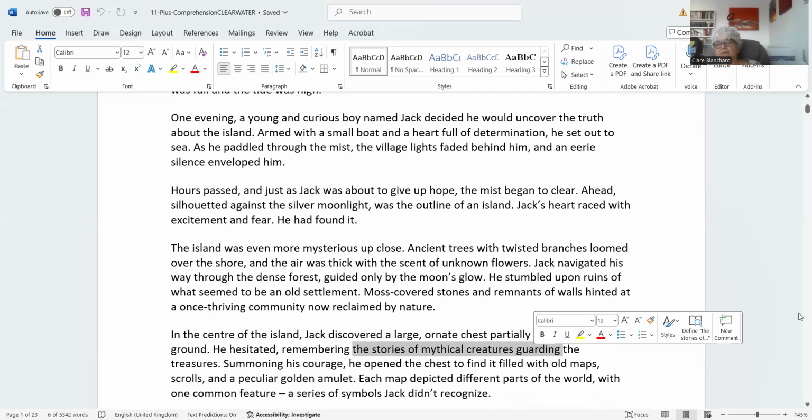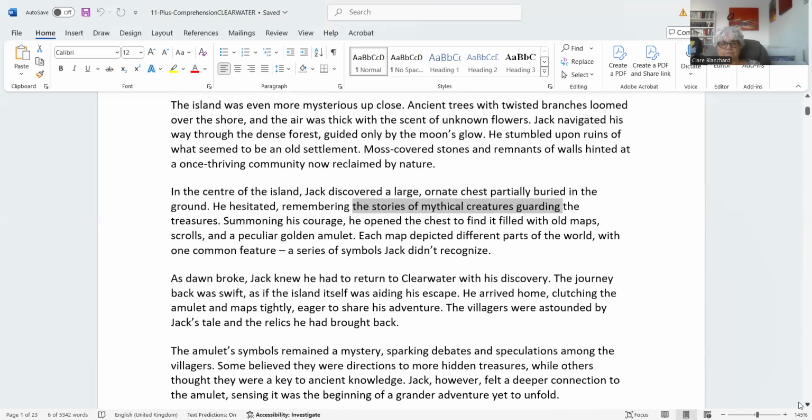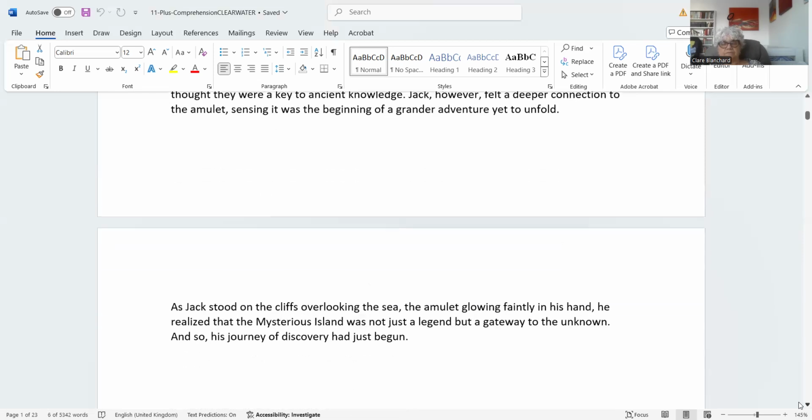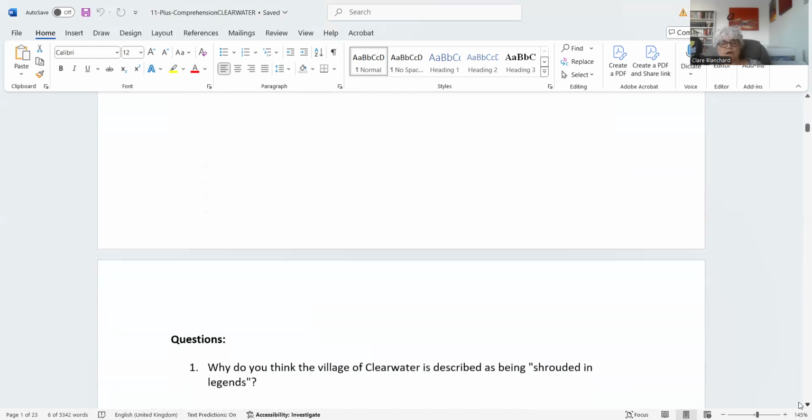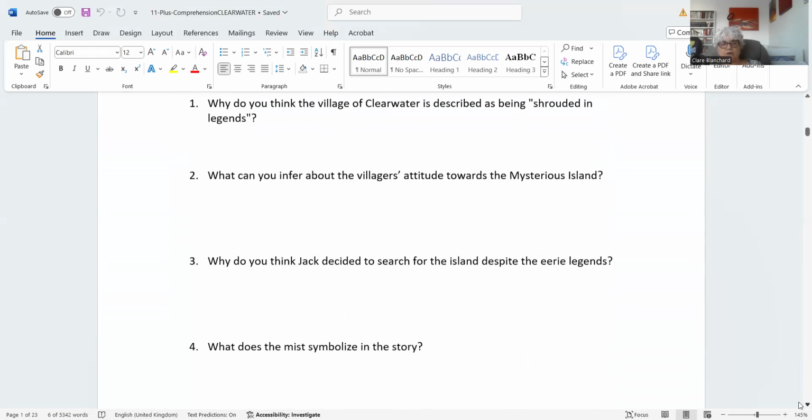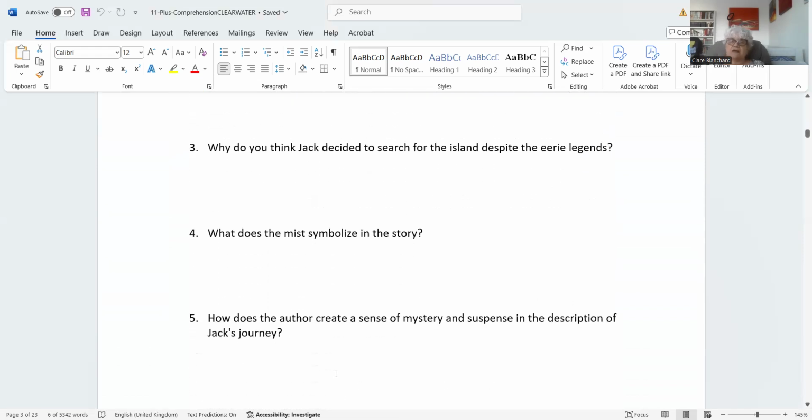If I go back to the question then, I'm going through this very slowly because I want you to see how and why this is a question that involves what we call higher order thinking skills, which is exactly what the 11+ exam is actually designed to find in a student.